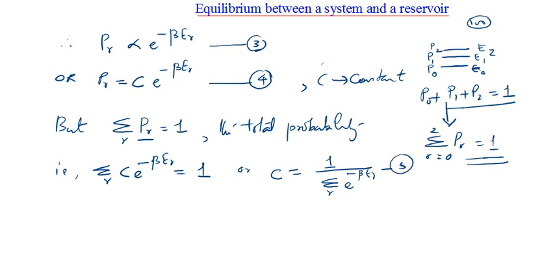Therefore, what will equation number 4 become? That's our ultimate aim. Equation number 4 gives you the probability P_r equal to e raised to minus beta E_r multiplied by C, so it is 1 divided by the sum over r of the same quantity, e raised to minus beta E_r.